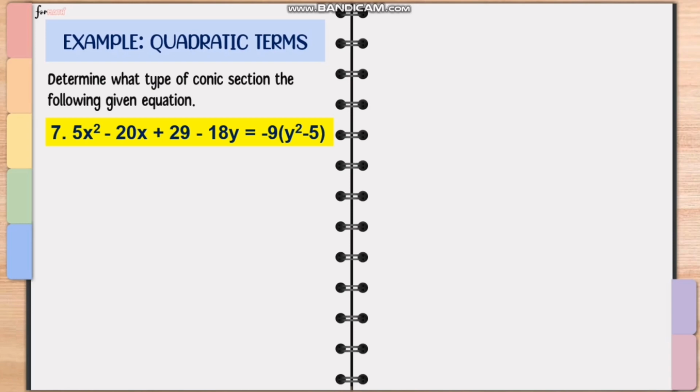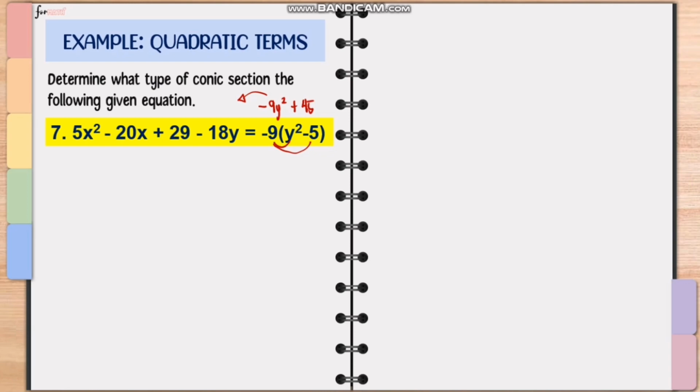So, as you can see, itong isa ay nandito pa sa kanan at nakaparenthesis po siya. So, distribute lang po natin muna yan. So, magkakaroon tayo ng negative 9y squared and then plus 45. And then, yung 9y squared po ay ililipat po natin yan sa kabilang side. So, magiging positive 9y squared.